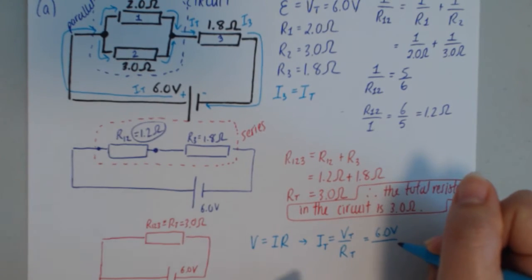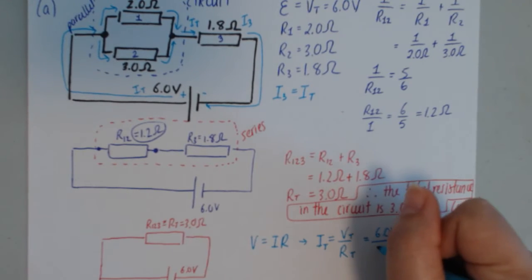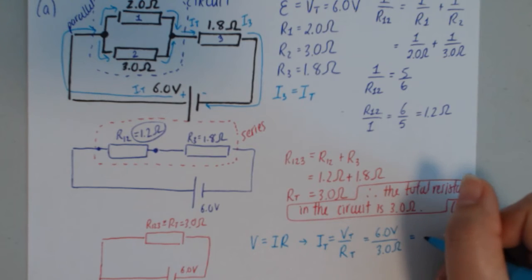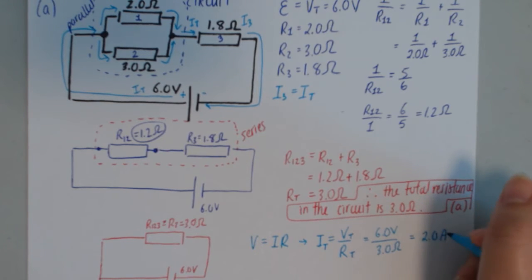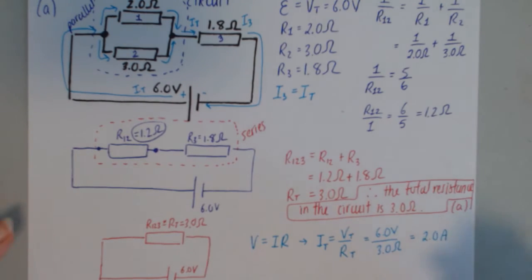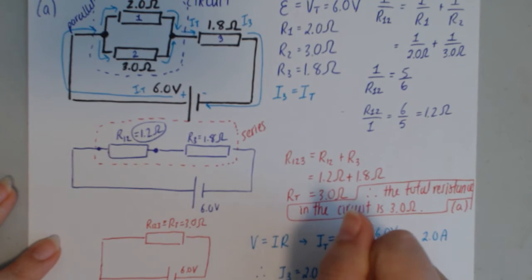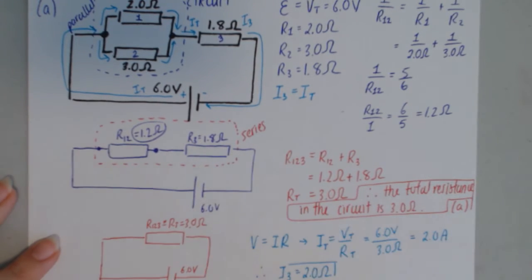And total resistance I just found, so that's 3 ohms. Everything's SI, so I plug them in. 6 divided by 3 is 2, so that's 2 amperes. Total current is 2 amperes, which means current through resistor 3 is 2 amperes. So therefore, I3 is equal to 2, oh, not ohms, amperes.